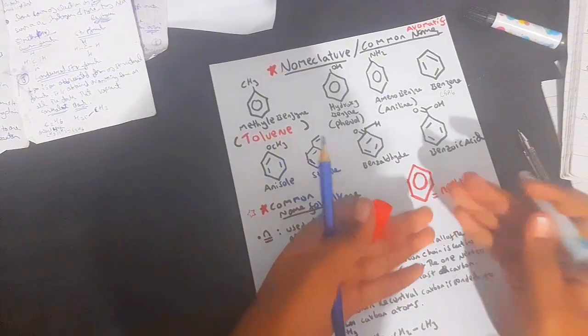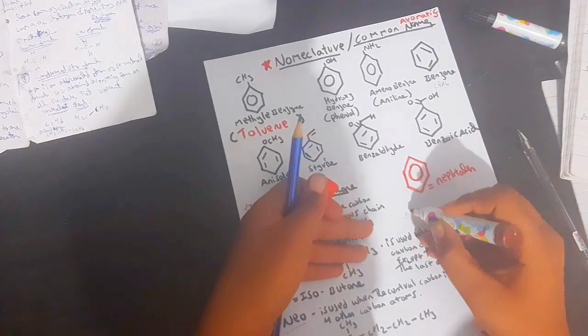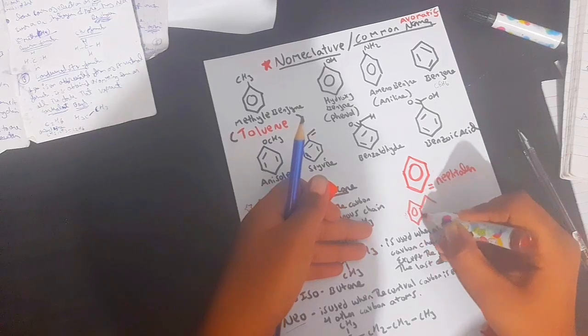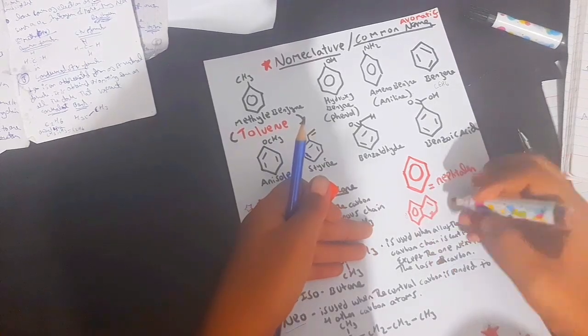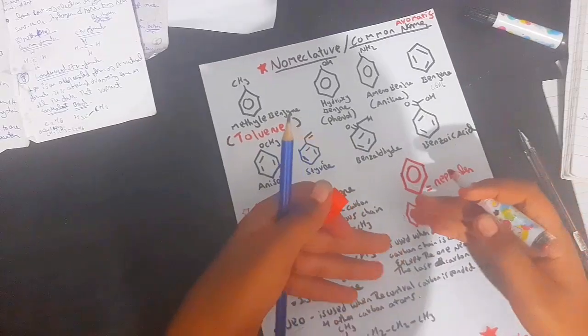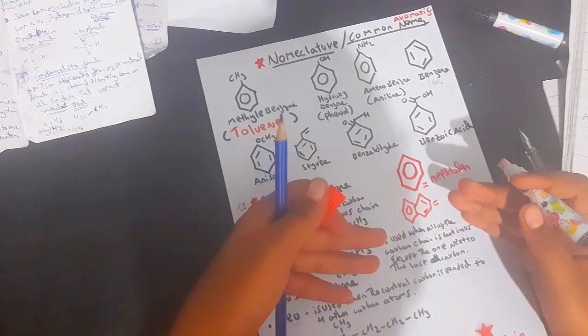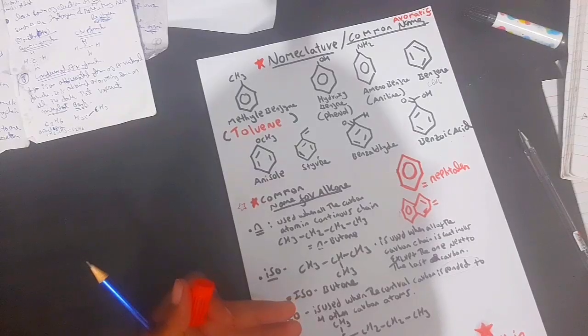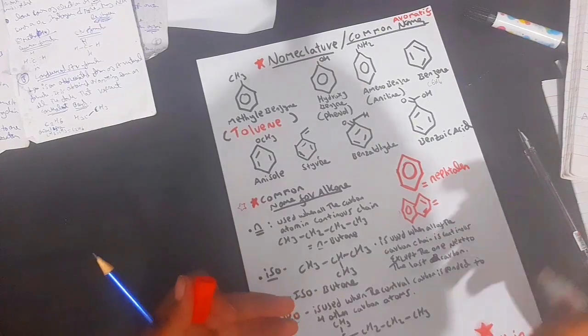And for the fused one, if it's going to be fused, just out of this, and then it goes on like this. This is called a fused aromatic hydrocarbon, which is also called naphthalene.